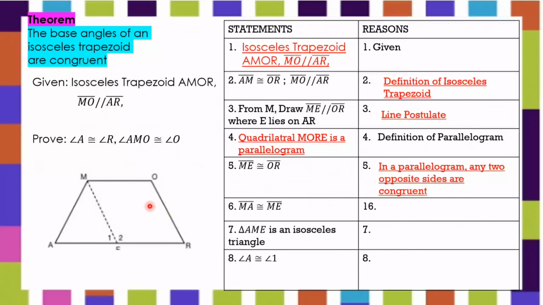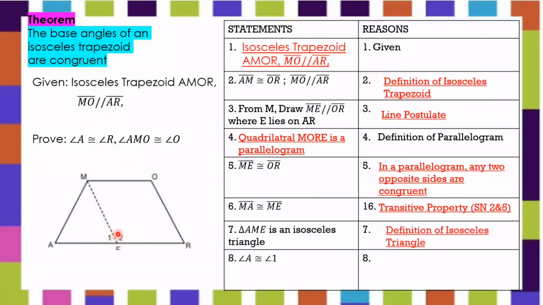Okay? Next, we have segment MA is congruent to ME. Under what reason? Transitive property from statement numbers 2 and 5. Since from number 2, AM is congruent to OR, and number 5 states that ME is also congruent to OR, then we can say that MA is congruent to ME by transitive property. Okay, next, for number 7, we can say the triangle AME, this triangle, is an isosceles triangle.